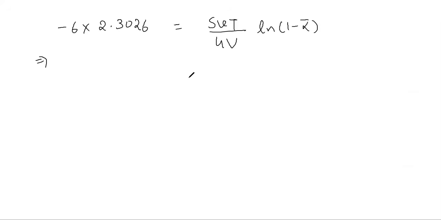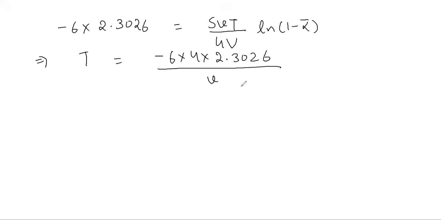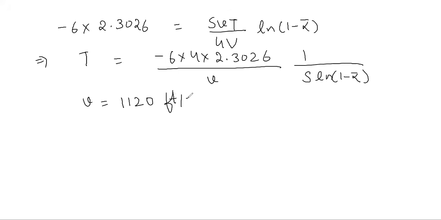From here, because we want to calculate T, we'll take everything else on the other side. So I'll have minus 6 multiplied by 4 multiplied by 2.3026, denominator velocity, let's take velocity on the one side, and then I'll have 1 upon S ln of 1 minus alpha bar. So this would now be your expression. This velocity of sound is approximately taken to be 1120 feet per second.